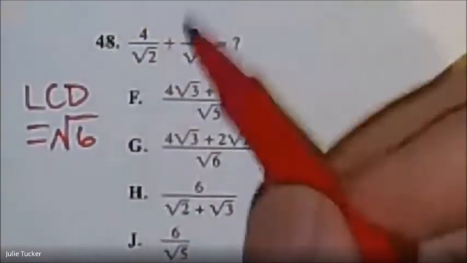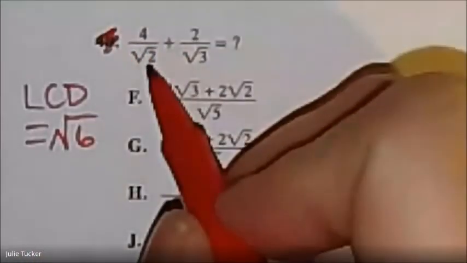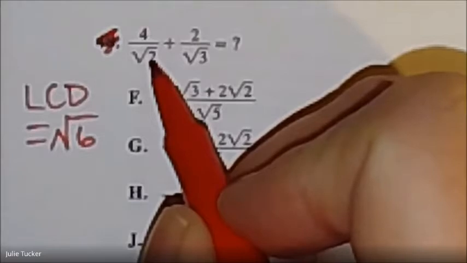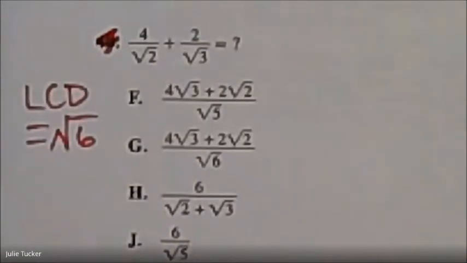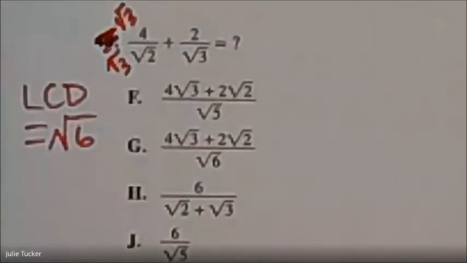So that means we're going to have to multiply this one times a special one of whatever will make it 6. So 2 times what is 6? 3. So we're going to go times square root of 3 here and square root of 3 here.